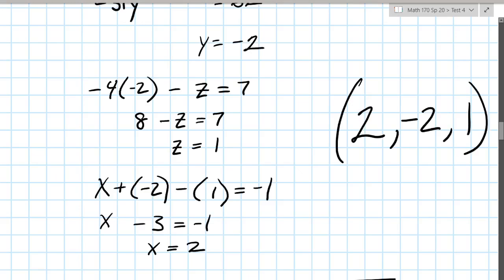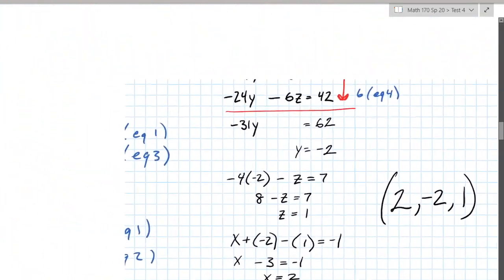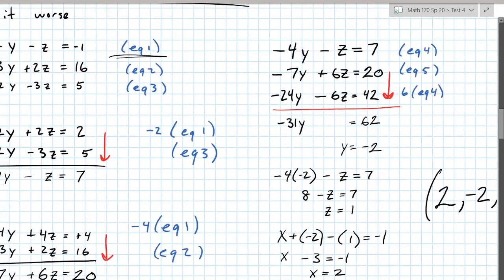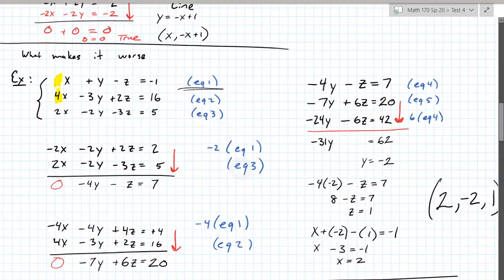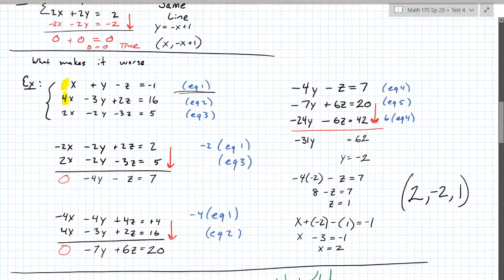What's very important about this question is that we stay organized. The way I like to do this type of problem is kind of work from left to right and top to bottom. You can kind of think of this as a column 1. And this is where I'm dealing with 3 equations and 3 variables.